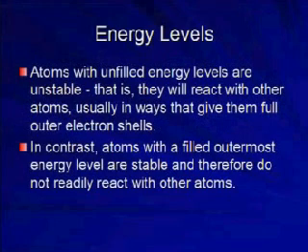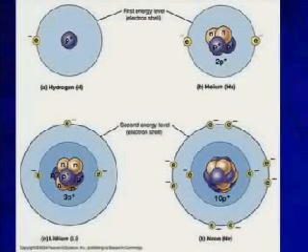Atoms with unfilled energy levels are unstable. That is, they will react with other atoms, usually in ways that give them full outer electron shells. In contrast, atoms with a filled outermost energy level are stable and therefore do not readily react with other atoms.